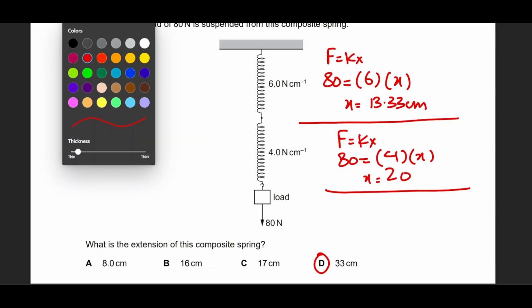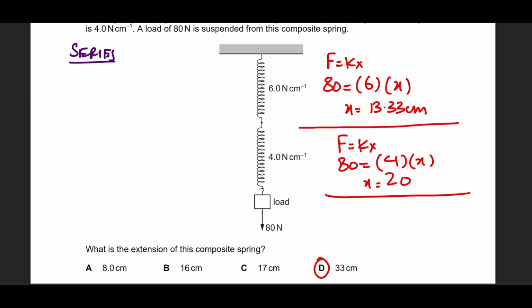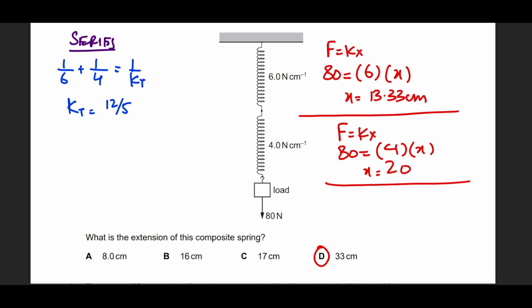If you were to solve this by the series method of springs, then you'll have to combine them using the formula 1 over 6 plus 1 over 4 equals 1 over the total spring constant. The spring constant in this method comes out as 12 by 5. I'm taking the fraction because I want to find the accurate answer, although I discourage taking fractions.